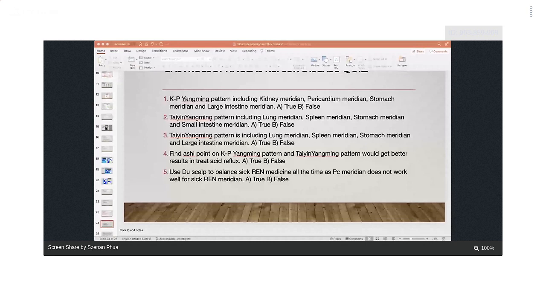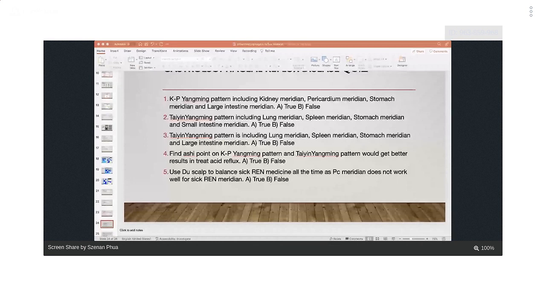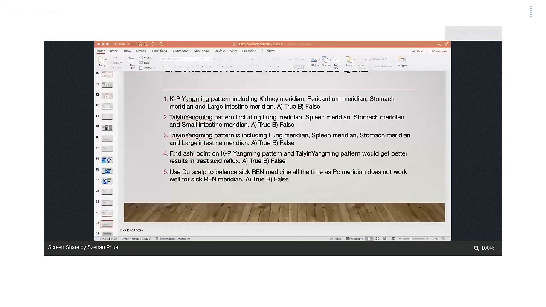Two meridian can treat the run meridian, but pericardium meridian can work for the run meridian very well. If pericardium works very well, you don't have to needle 2 meridian.